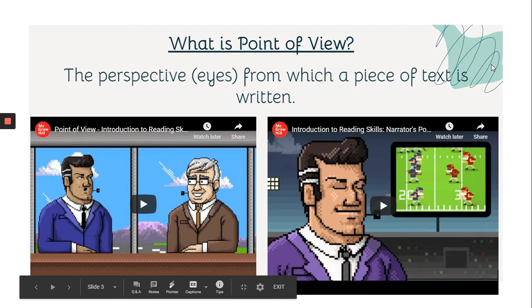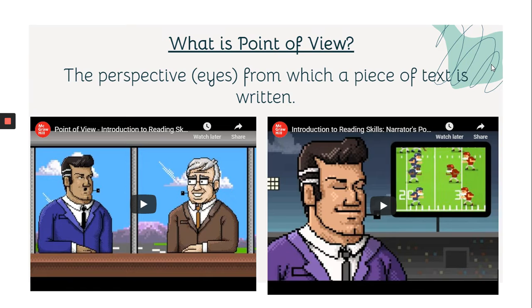So before we even go further into this, we need to think about what is point of view. When we are talking about point of view, we're talking about the perspective or the eyes from which a piece of text is written. So think about point of view. View is what you see, right? So if we're talking about what we see when we're reading a text, what kind of images are we getting in that perspective?